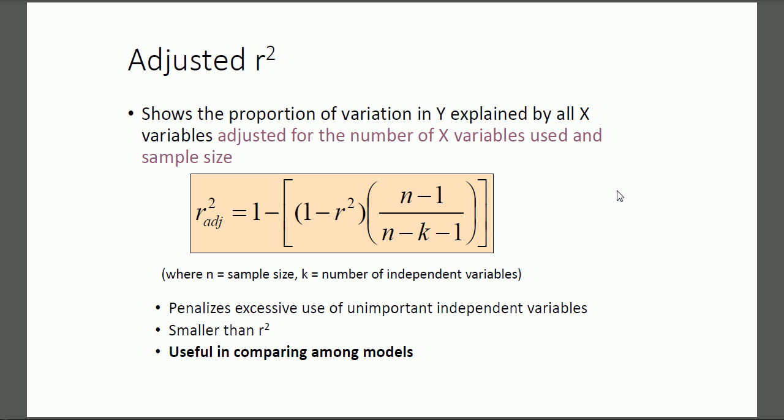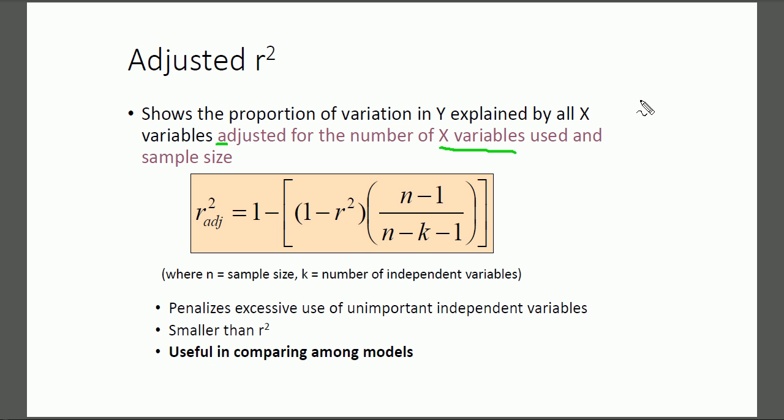Up to there, that's the exact same interpretation as R-square, except it goes on to say adjusted for the number of x variables used and the sample size. So as you use more x variables, there's a penalty, a cost. It's going to pull down R-square as you use more x's. The only way a new x will pull adjusted R-square up is if the cost of adding it is less than the amount of information that it adds to the model. Okay, if you can imagine that.